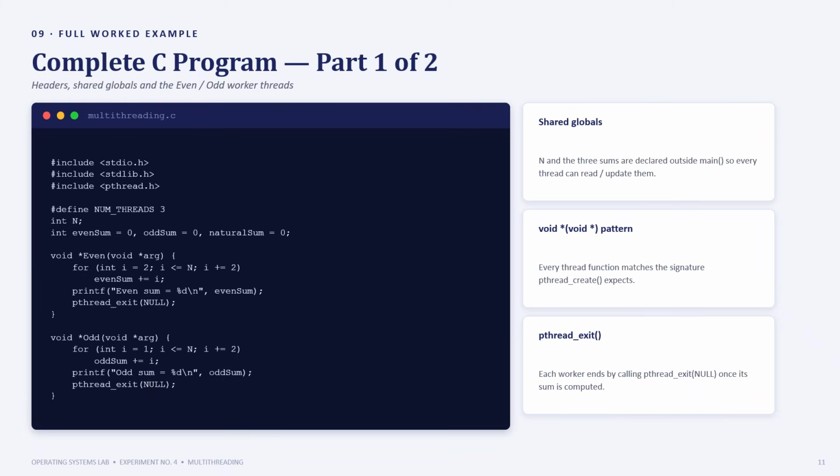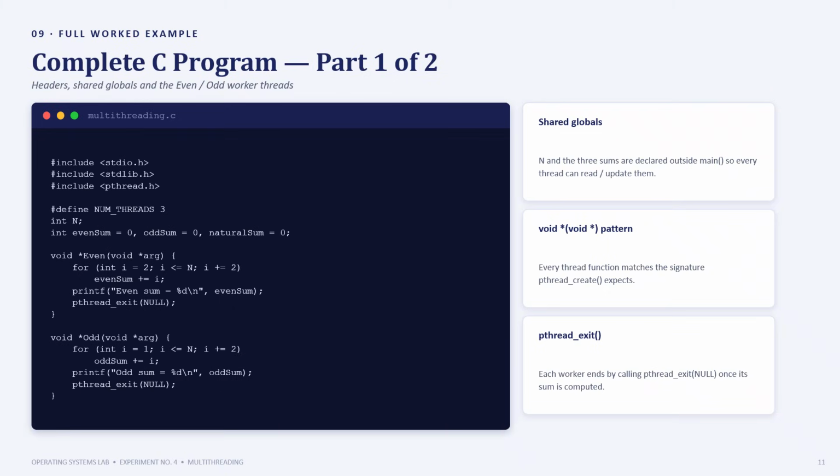Now let us see the complete program. I'll explain it slowly part by part. At the top, we include 3 header files: stdio.h, stdlib.h, and pthread.h. Then we define NUM_THREADS as 3.